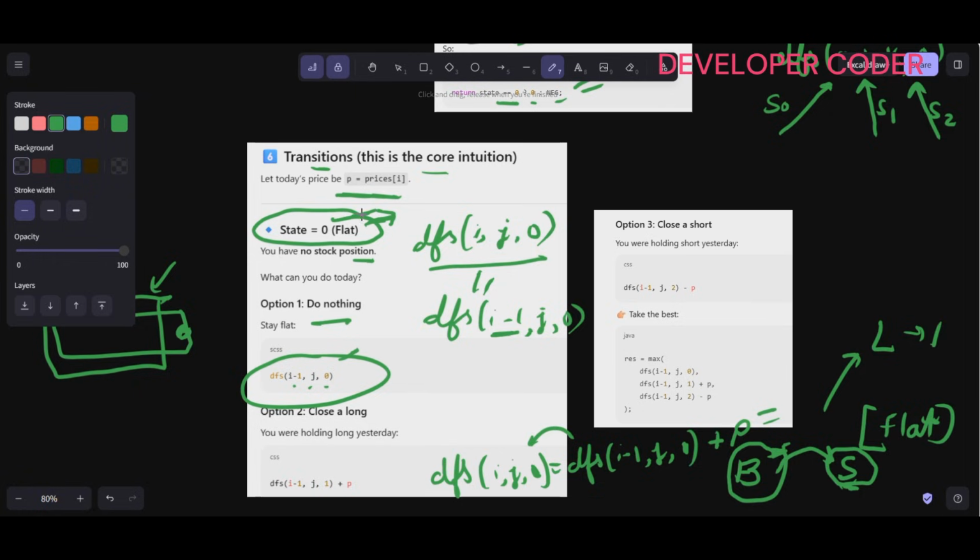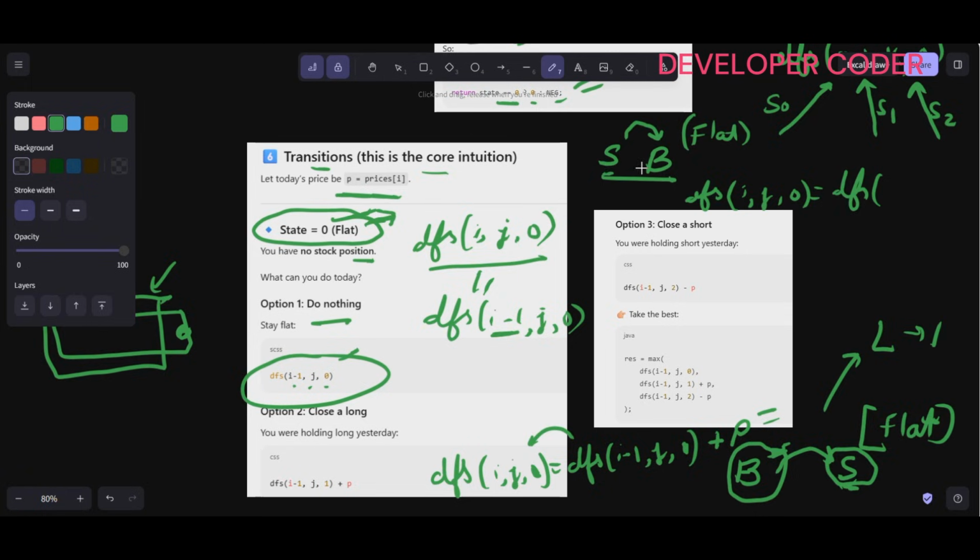Now again you want to move to your flat state itself, right? But let's suppose in the past you have sold something, so now definitely you have to buy it back, right? So that you again move to the flat state. So if this is the case, that simply means now DFS of i, j, 0 is equal to DFS of the previous state.